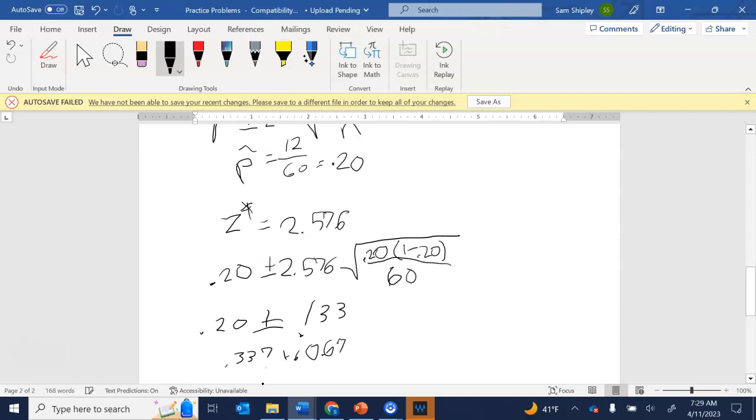Boom, all right. So this is our final answer. Okay, and that's how we solved the problem. I hope this was helpful.